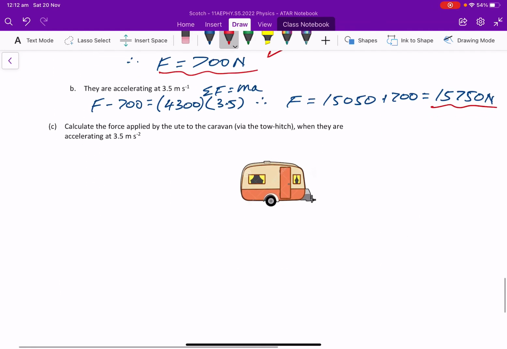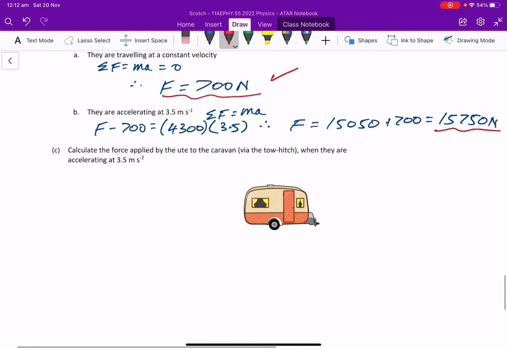Now here's an extra for experts, the last thing for this lesson. Calculate the force applied by the ute to the caravan via the tow hitch when they're accelerating at 3.5. So to get us started here, I did just show you the picture separately. This is the force applied by the ute to the caravan through the tow hitch.